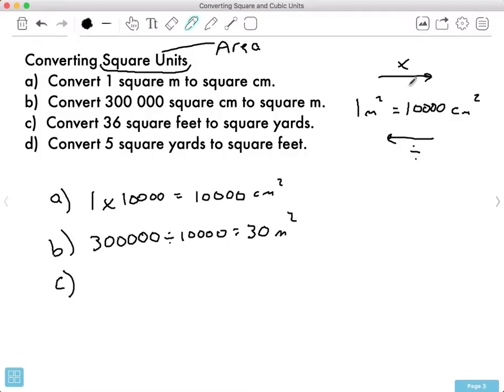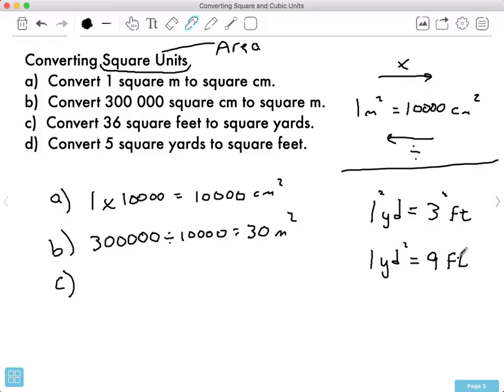We know that 1 yard is equal to 3 feet. But if we're talking square feet and square yards, just square both sides of this conversion factor. 1 squared is still 1, so 1 square yard is equal to 9 square feet.